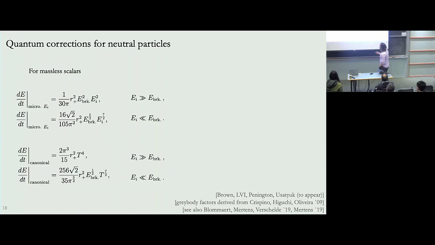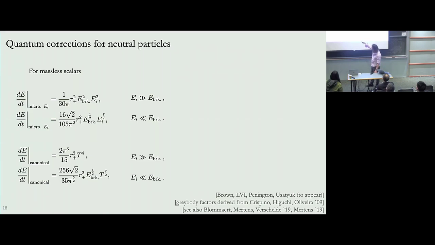So, we can compute the evaporation rate into massless scalars. Here is the microcanonical answer. So essentially, the answer changes from being a power law to having a different power in the initial energy. And we can also do it in the canonical ensemble. And I just wanted to point out something on this slide that might seem confusing. Namely, you see that the power of the initial energy is smaller when you include the quantum effects.